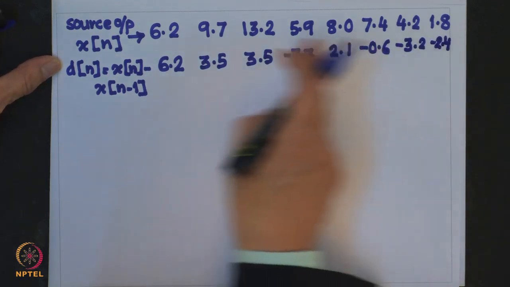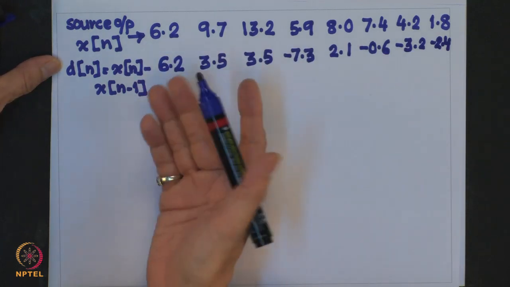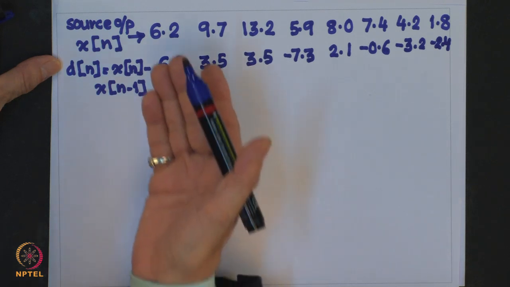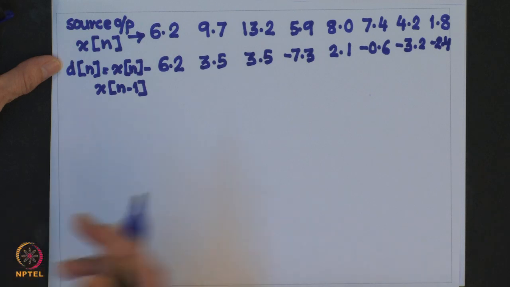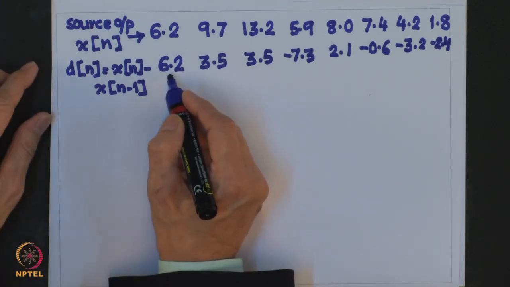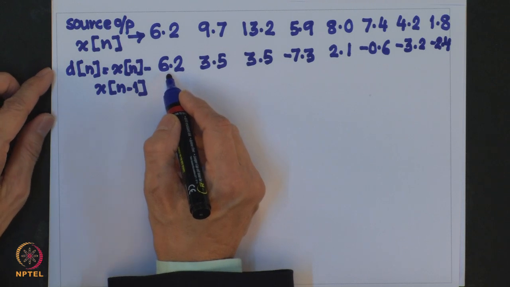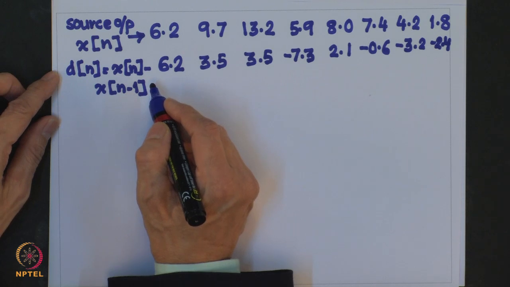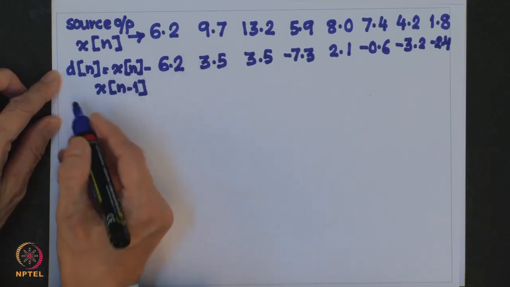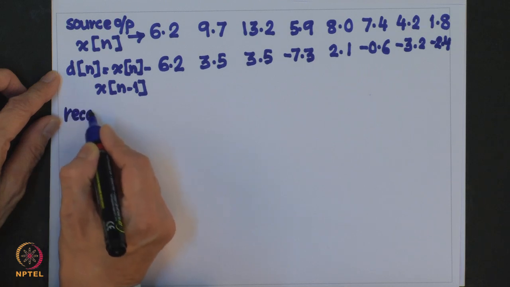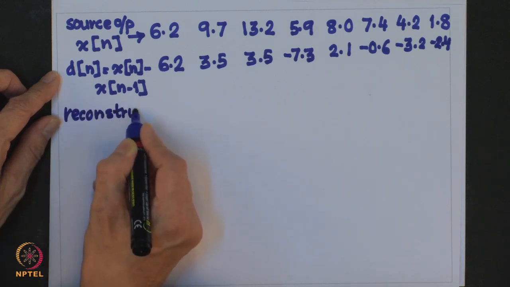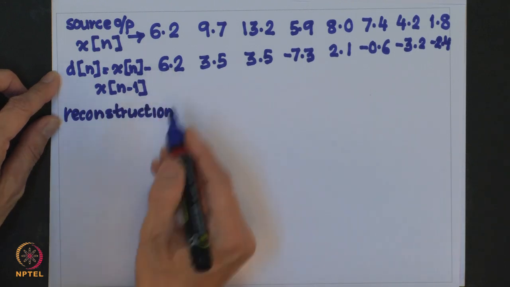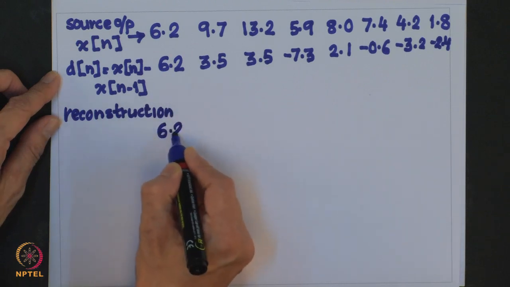Now, given this difference sequence, we can see that it is possible for me to reconstruct back in a lossless manner my original sequence by taking the current sample from this difference sequence and adding it to the previous reconstructed value of the sample. So, in this case it is simple. Reconstruction will give me, so I start, this will be 6.2 itself because the initial value is 0.